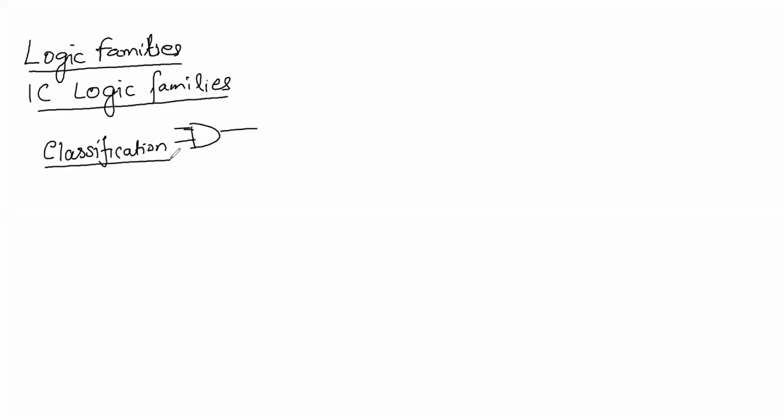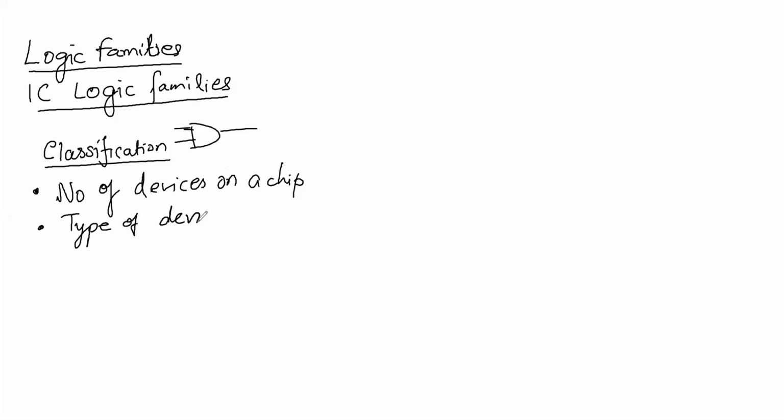There are some classifications which are based on the number of devices on a chip, and there are classifications based on type or technology, and so on. There are various ways to classify it.